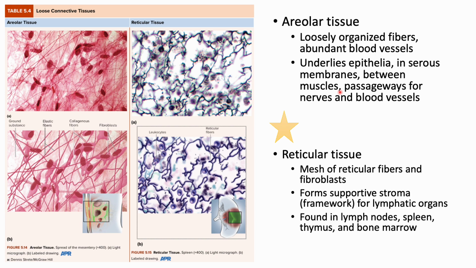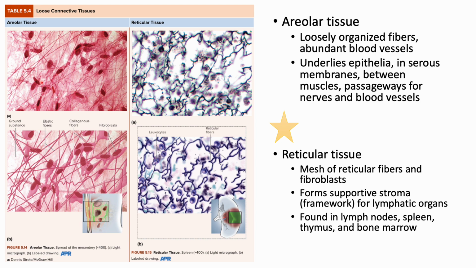Areolar tissue is a type of loose connective tissue found underneath the basement membrane of your epithelium. The blood vessels that reside here carry oxygen and blood, and oxygen is able to diffuse up towards the epithelium.